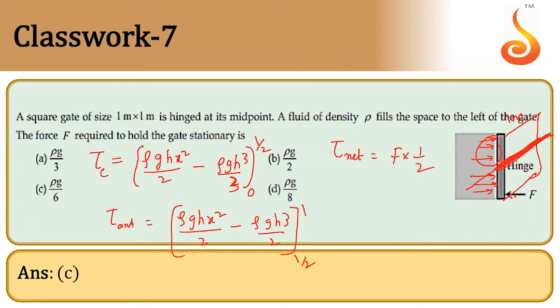The net torque, that is the resultant torque exerted by the liquid, should be equal to our torque. Then you will get the F value. That part you do separately by integrating.